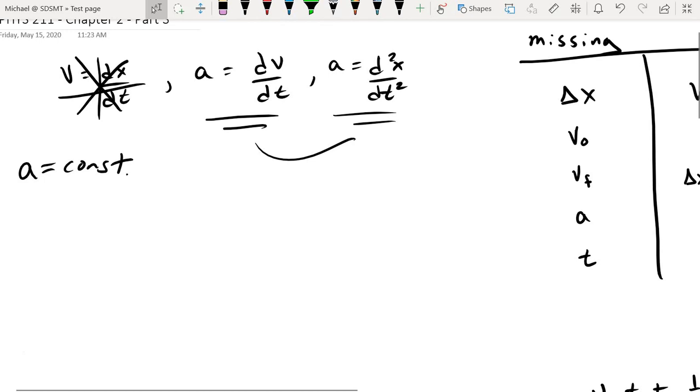I still can't use the first equation, but maybe I could reuse the second or the third equation if I were to alter them in some fashion. And since the second equation looks a bit more user-friendly, we'll try that one. Now, when I say alter, I still have to maintain the equality.